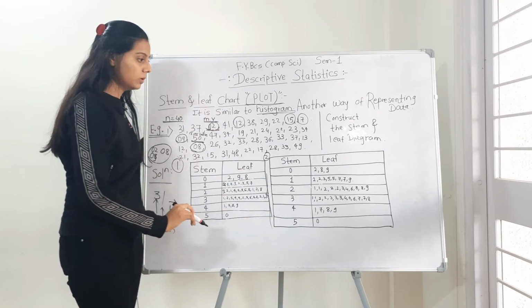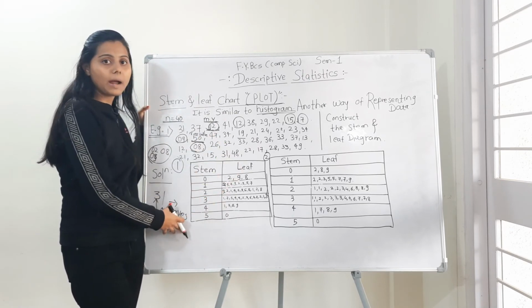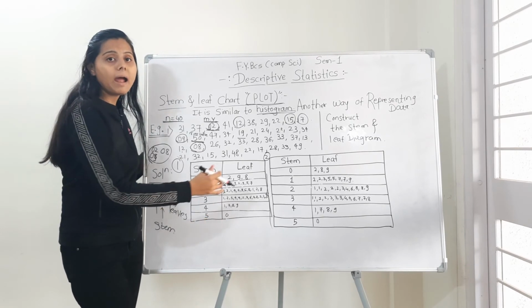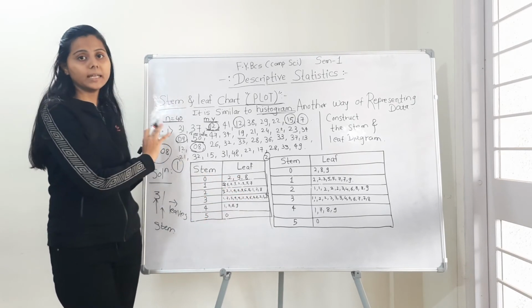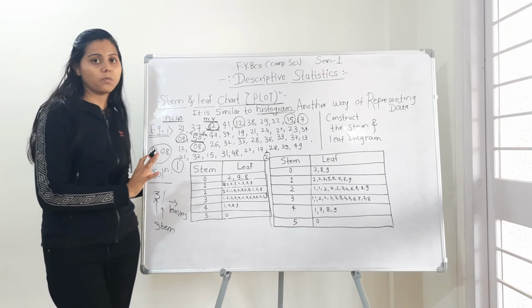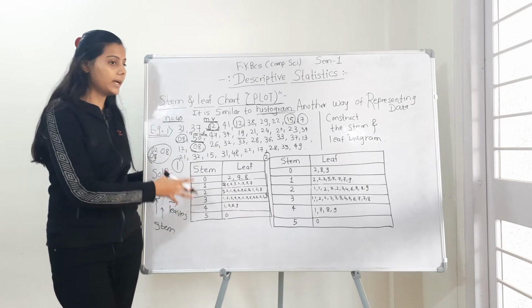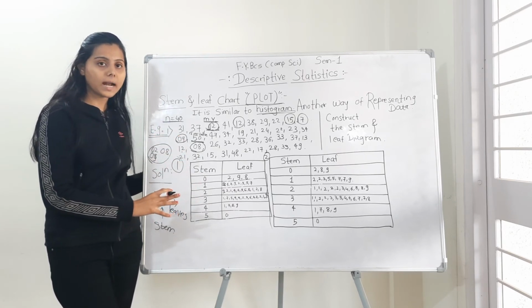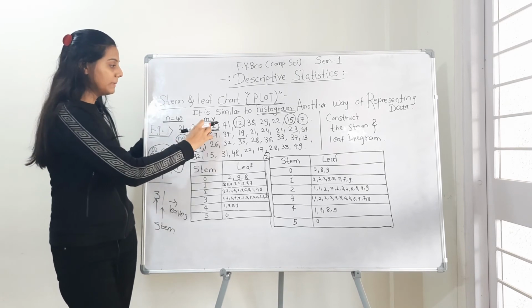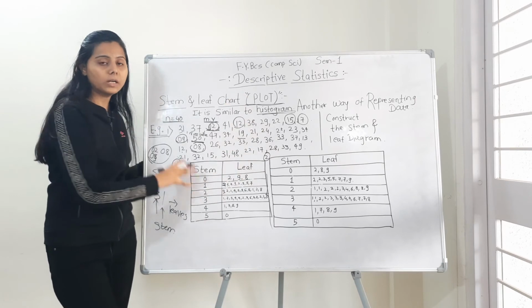Okay, so it is similar to the histogram, and it is very easy to create a stem and leaf chart for any kind of data. Only 2 or 3 steps are there for creating the stem and leaf chart. What are those steps? See here, firstly find the minimum value and the maximum value from your data.